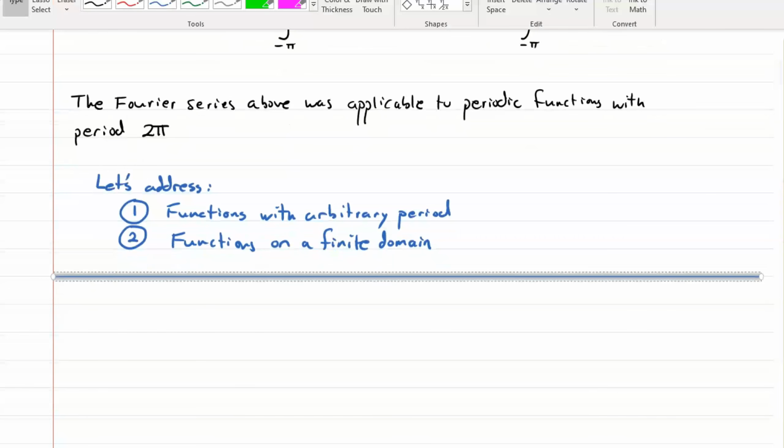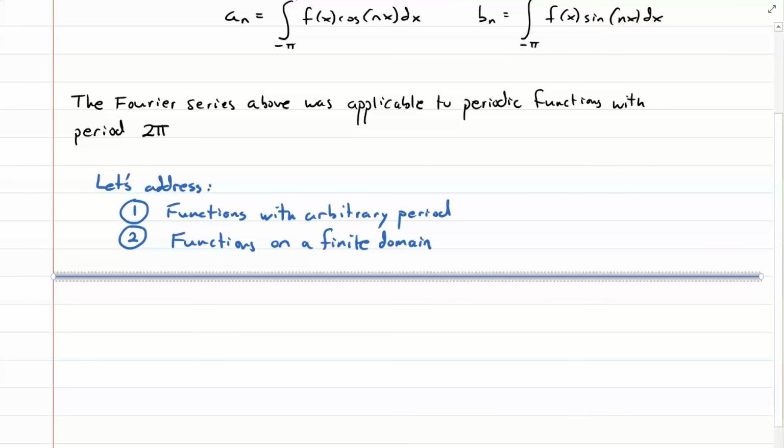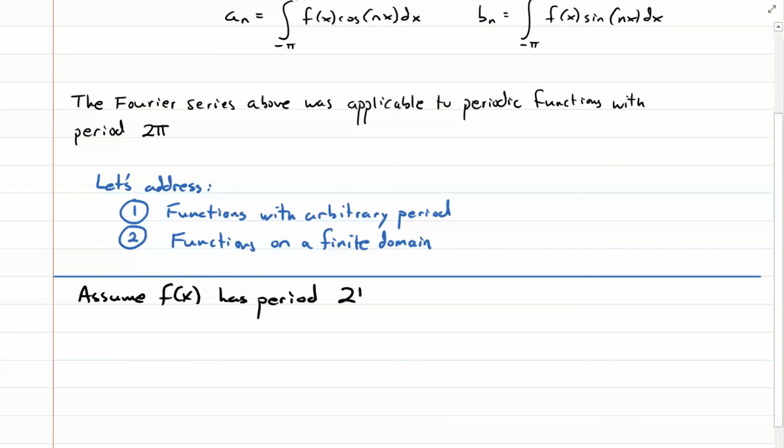So f of x has a period not equal to 2 pi, but we're going to call it 2L. Okay, so L is an arbitrary number. L can be anything. So the period is not 2 pi, but could be any arbitrary value.